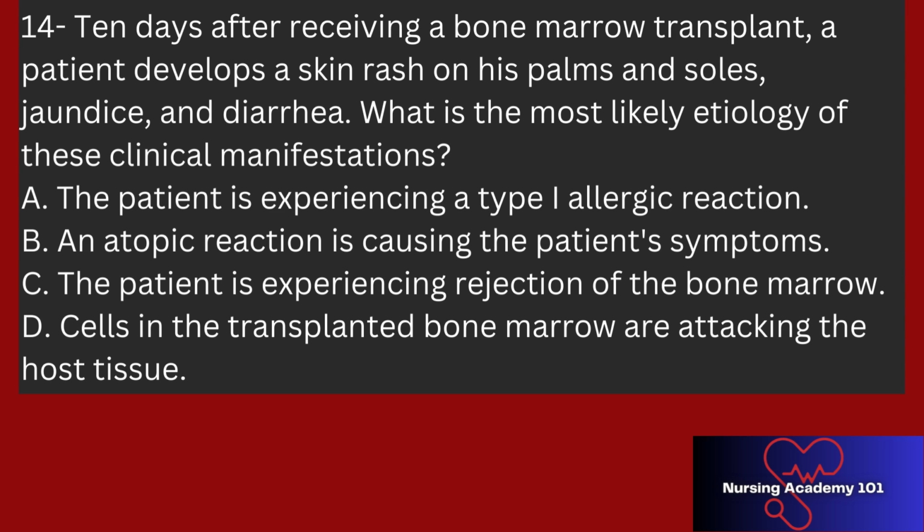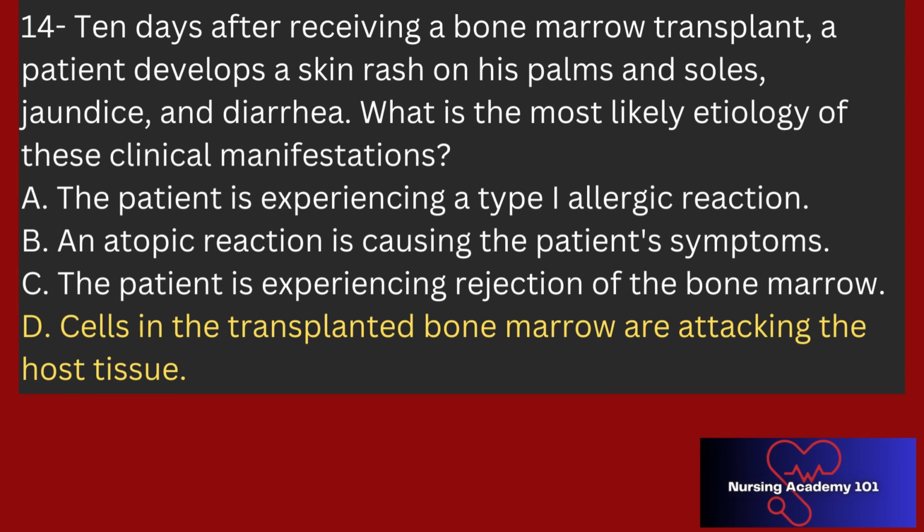B. An atopic reaction is causing the patient's symptoms. C. The patient is experiencing rejection of the bone marrow. D. Cells in the transplanted bone marrow are attacking the host tissue. The answer is D. Cells in the transplanted bone marrow are attacking the host tissue.